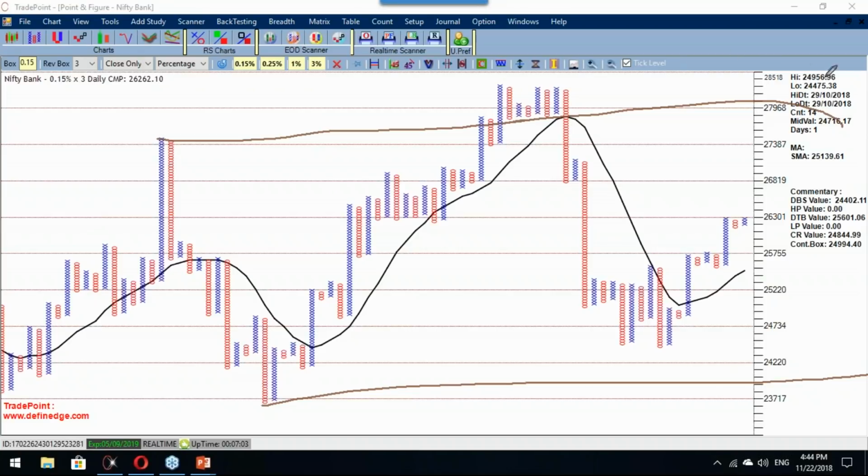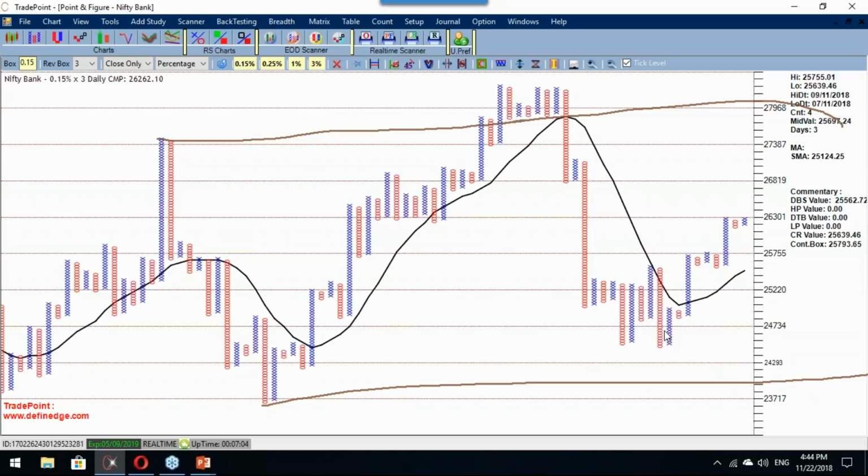So roughly around what is this? The high is 27,500 roughly, and the low is 23,700. So we have been stuck in this 1,500 to 2,000 point range for the best part of this year. We have been moving up and down in this range.